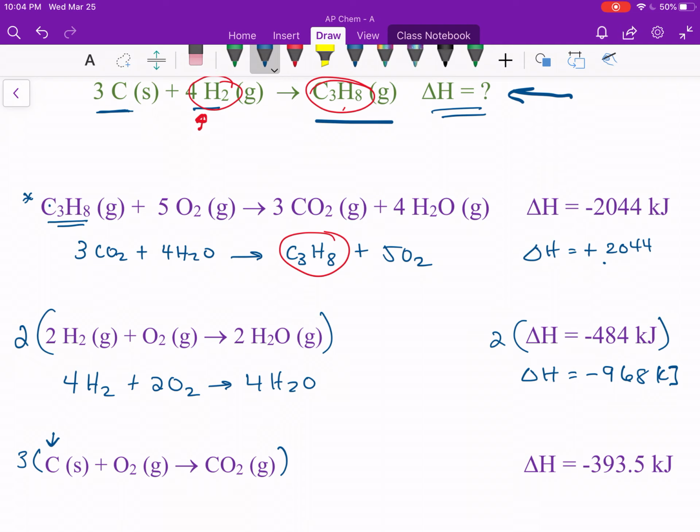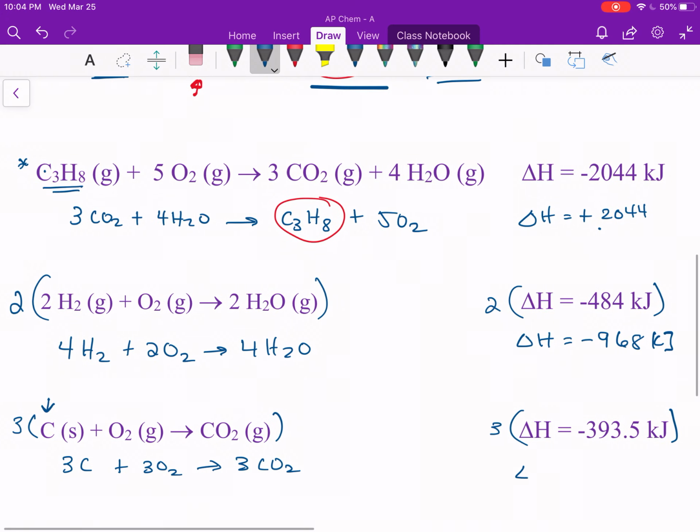And so we get 3C plus 3O2 goes to 3CO2. And what we do to that, we have to do to delta H. And so delta H becomes a negative 11,085, right?